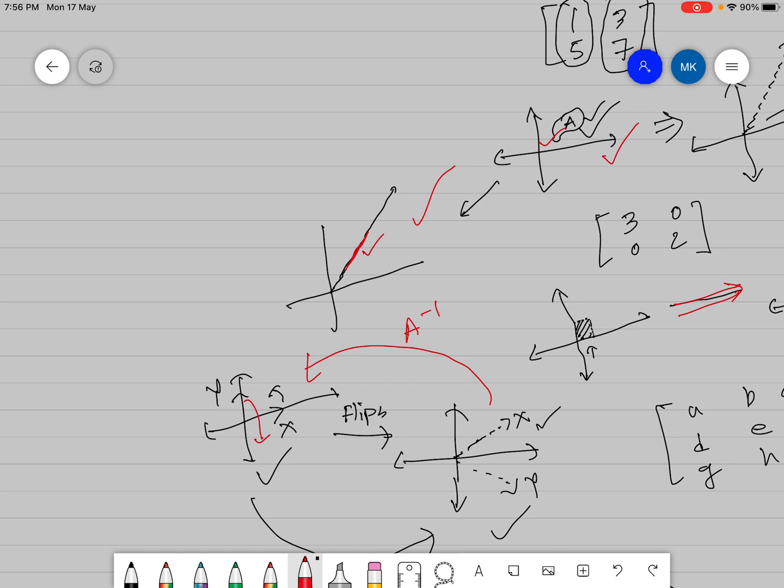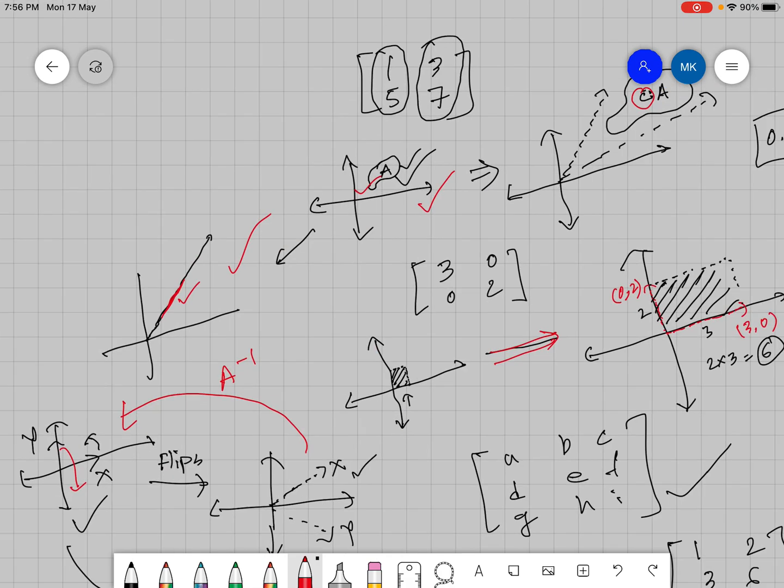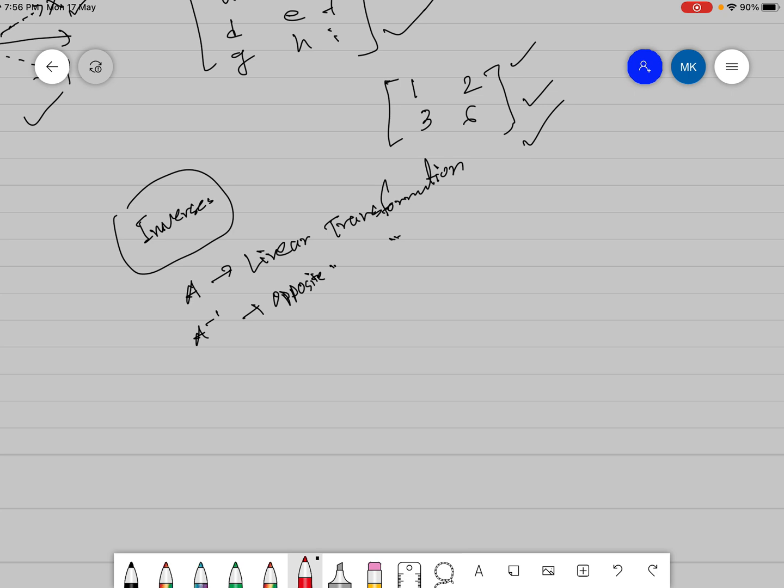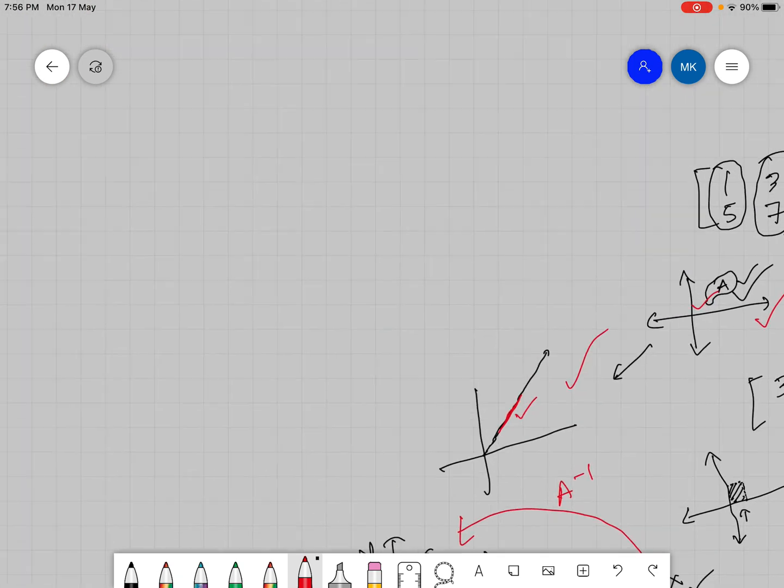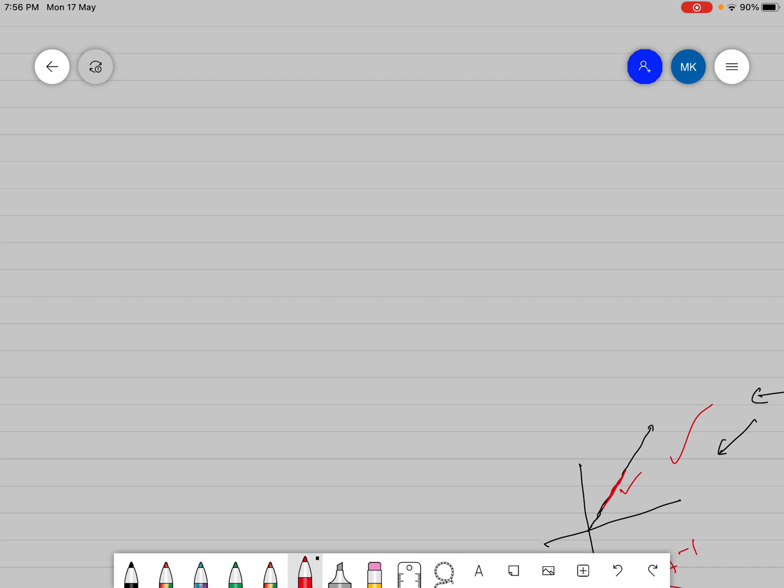That's why they do not have any inverses. This is the reason why a matrix with a zero determinant is non-invertible, or singular.